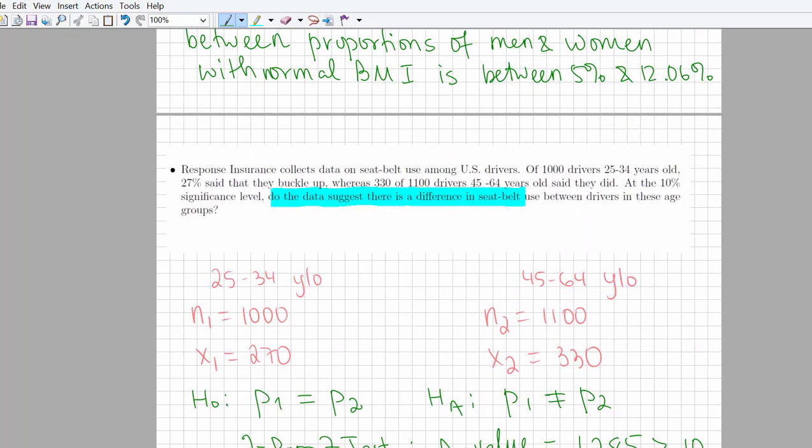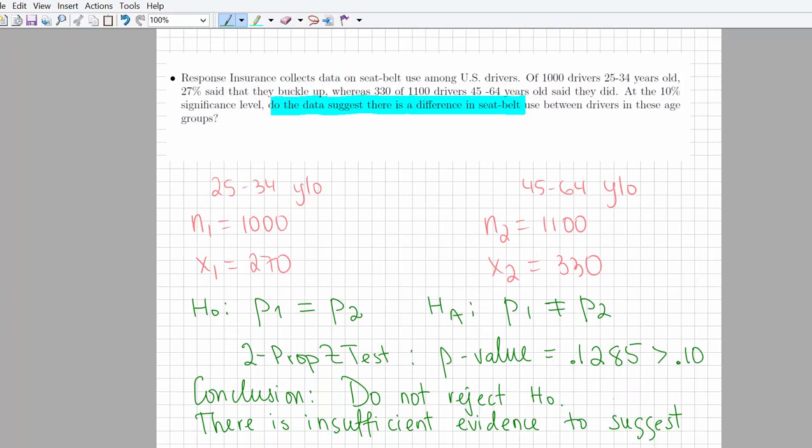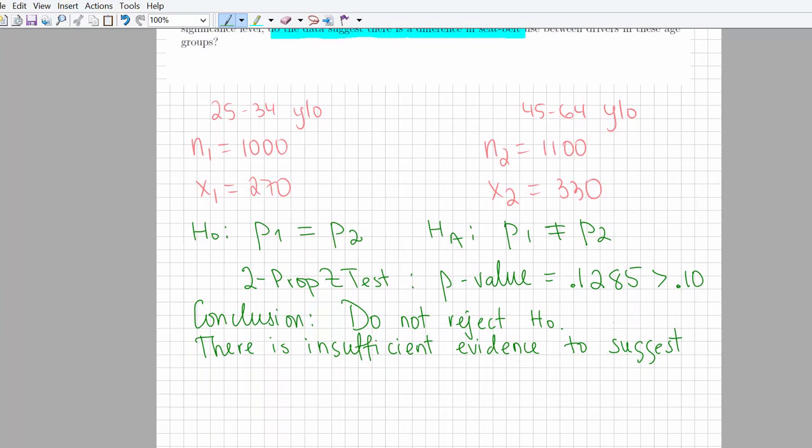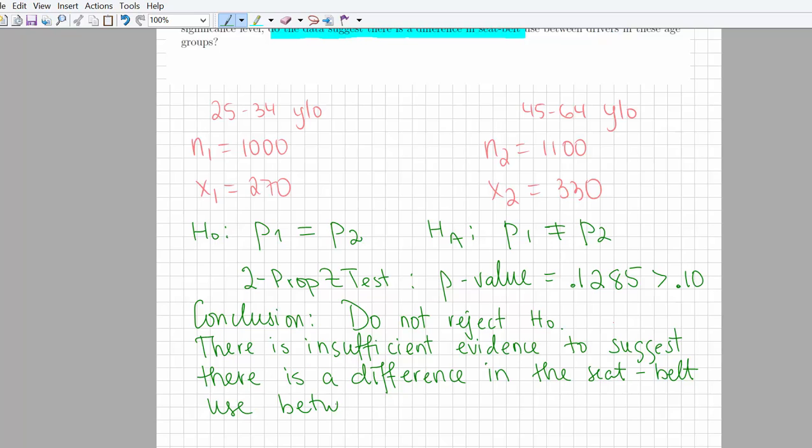To suggest there is a difference in the seat belt use between the drivers in these two age groups.